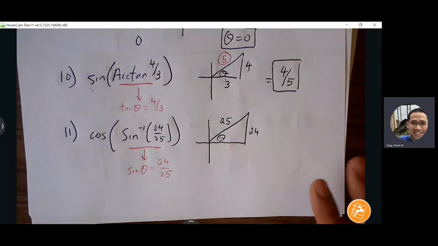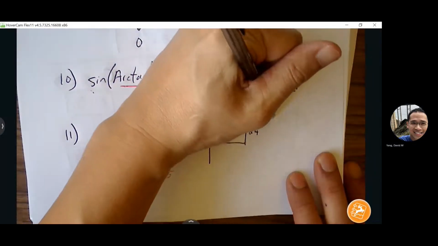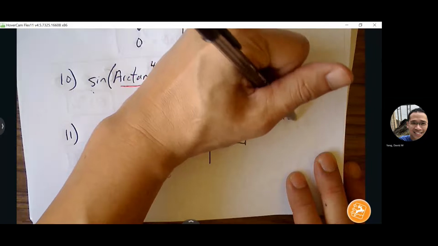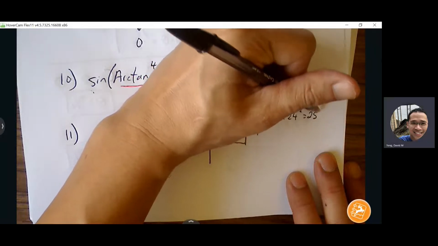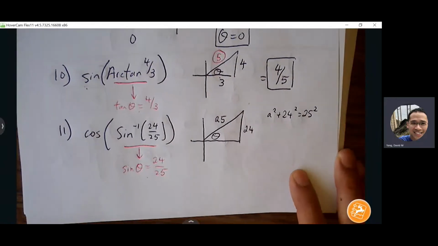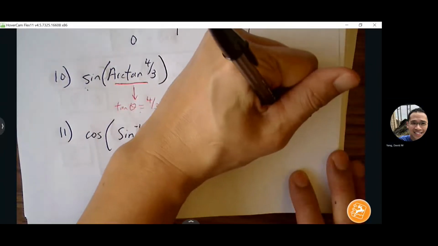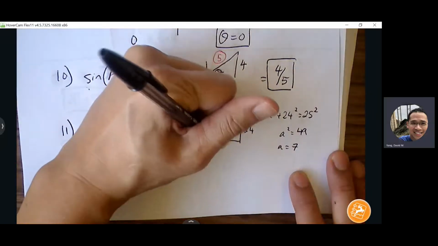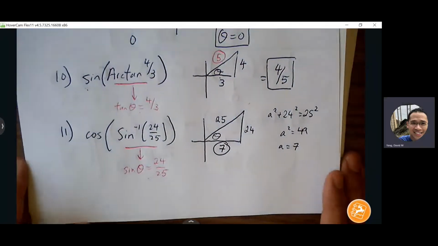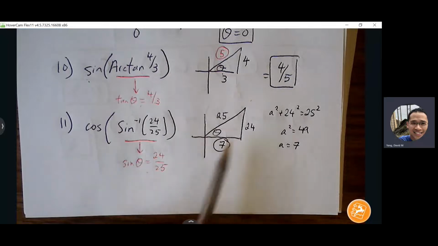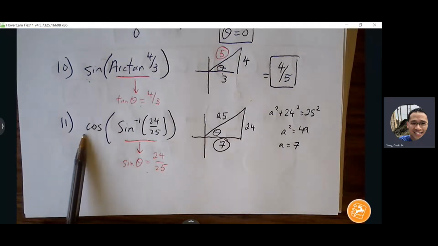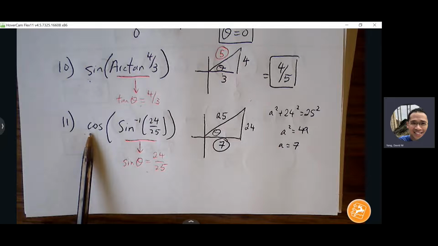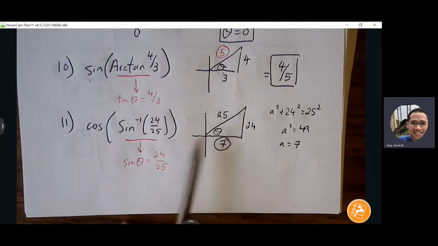Pythagorean theorem, a squared plus b squared equals c squared. It's going to clean up to be 49. Take the square root, we get a equals 7. So now that we filled in the triangle, we can figure out what cosine of theta is. Cosine of theta is 7 over 25.